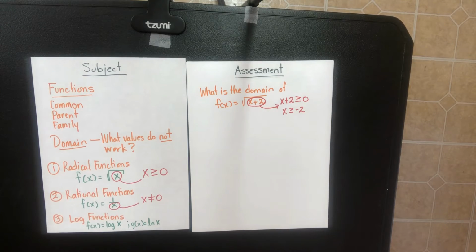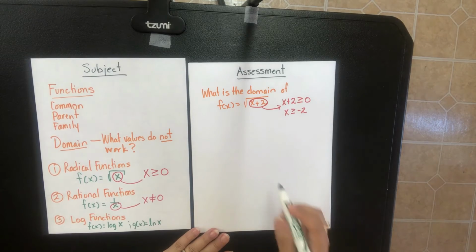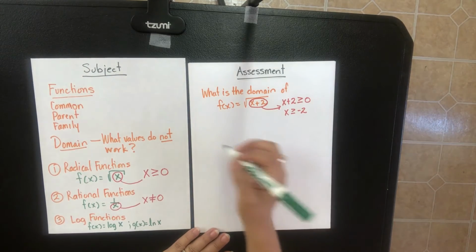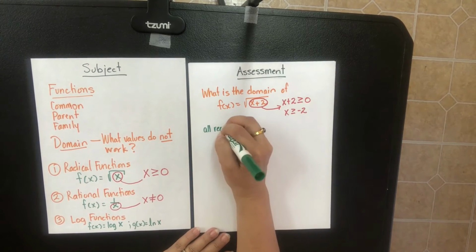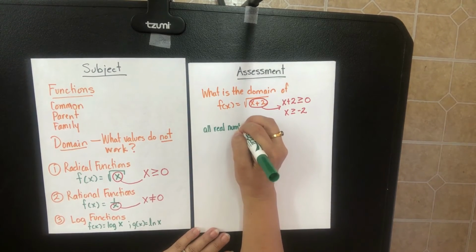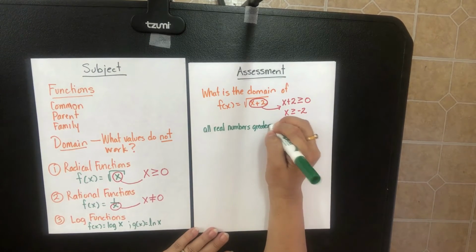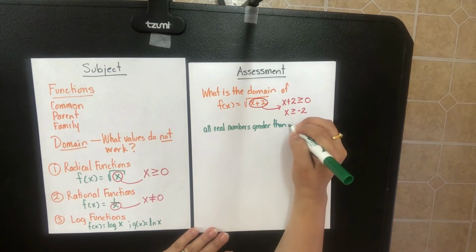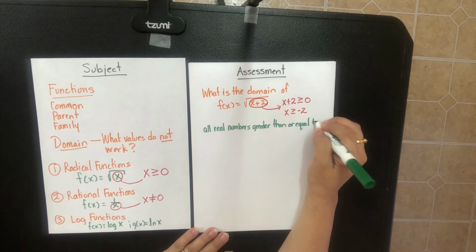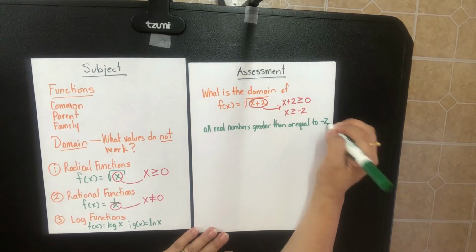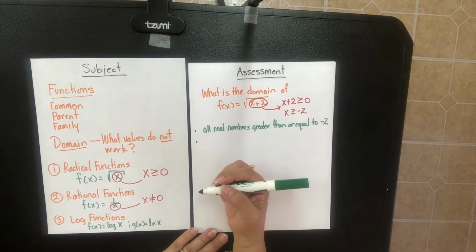So we could write it in symbols. We can use words. We can say all real numbers greater than or equal to -2. We can use interval notation.